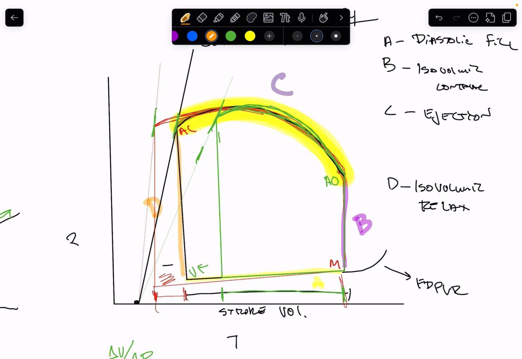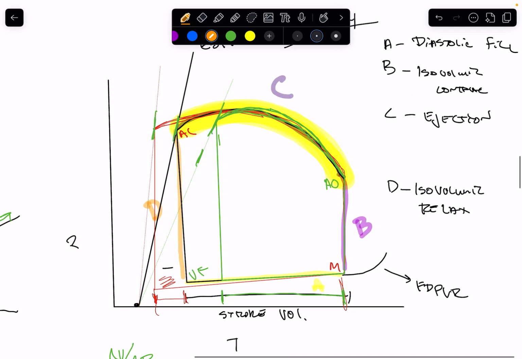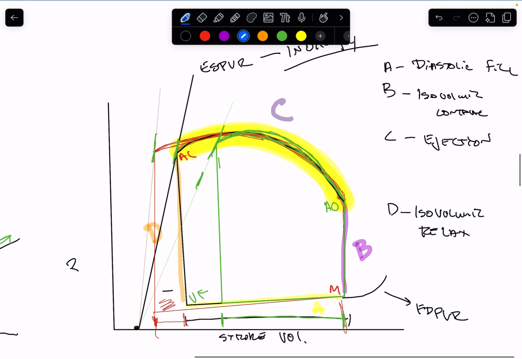So what we're going to see is, if we change afterload, a difference. Instead of moving left to right, we're going to see a totally different change. Right here, remember, this black is our control line.